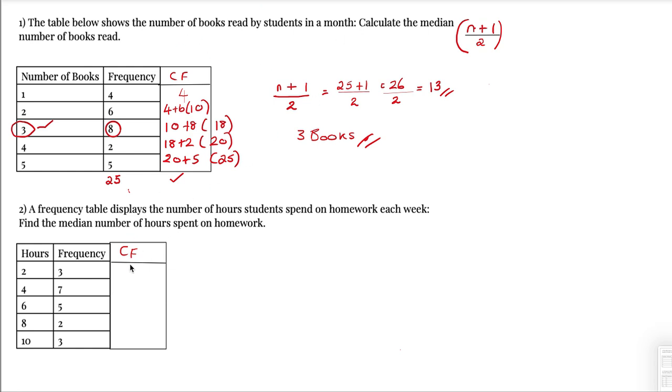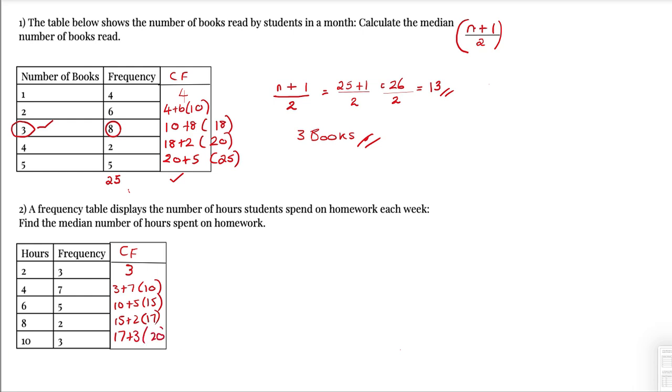We have 3. 3 plus 7 is 10. 10 plus 5 is 15. 15 plus 2 is 17. 17 plus 3 is 20.